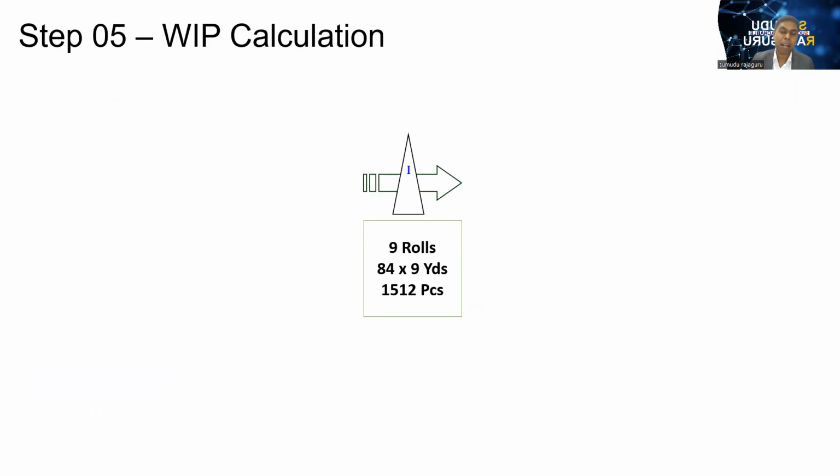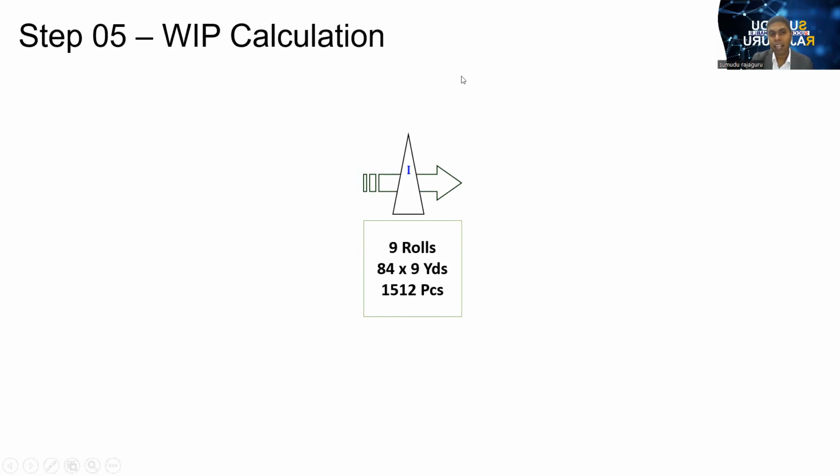We know the per day demand, so based on that we can calculate the time. 9 rolls, one roll contains 84 yards, so 84 into 9 yards is the length of fabric. Then by using marker paper, marker drawings and so on, we can convert that yardage into pieces. That means how many pieces are included in 1 yard. Based on that, we can calculate the pieces.